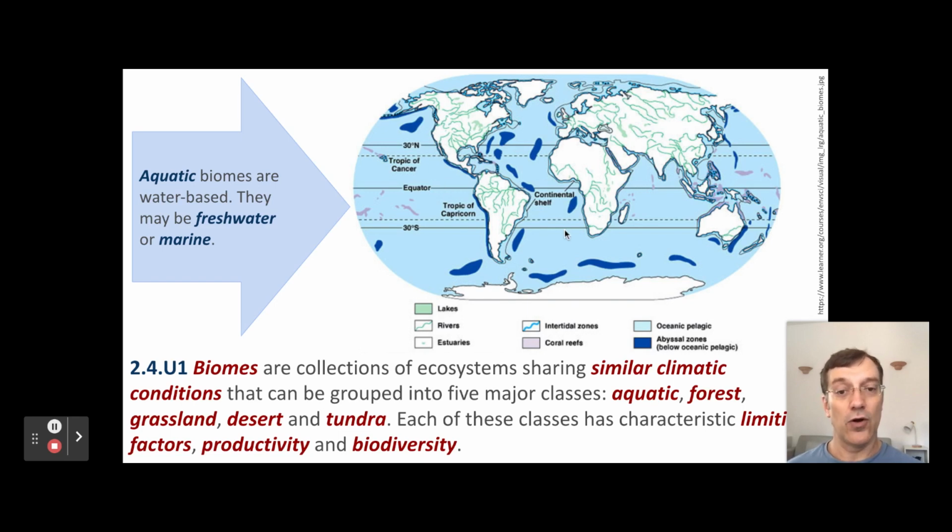That's the open ocean. And then these dark blue zones are called the abyssal zones, an abyss or a deep trench in the oceans. This is where the ocean is quite deep and you have very dark conditions and very high pressure conditions. We'll discuss that in a little more detail when we go through the limiting factors for each biome around the world.